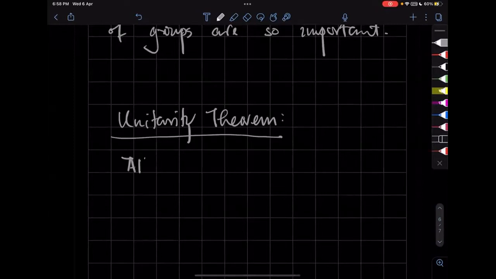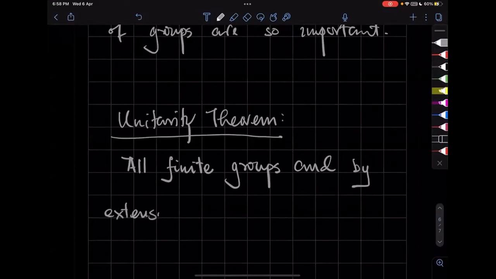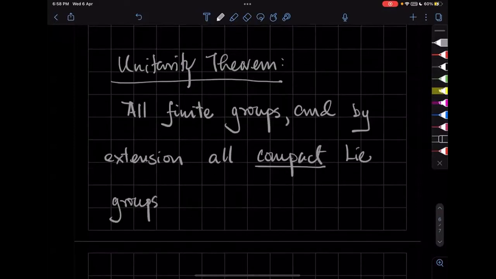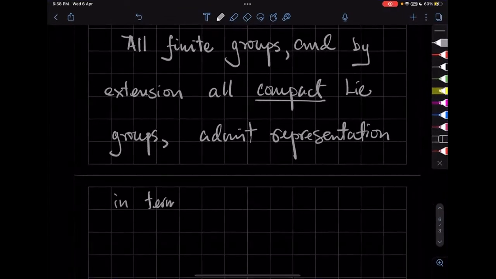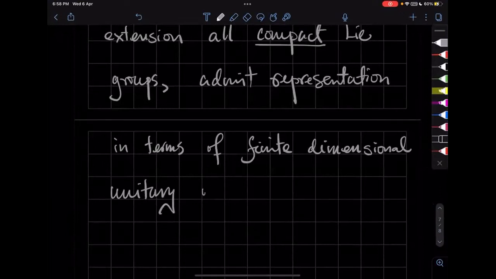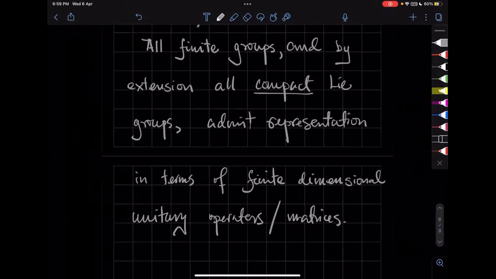It says all finite groups, and by extension, I should probably put a comma here, extension, all compact Lie groups, admit representations in terms of finite dimensional unitary operators, matrices. Okay, so Nahi, does that answer your question?